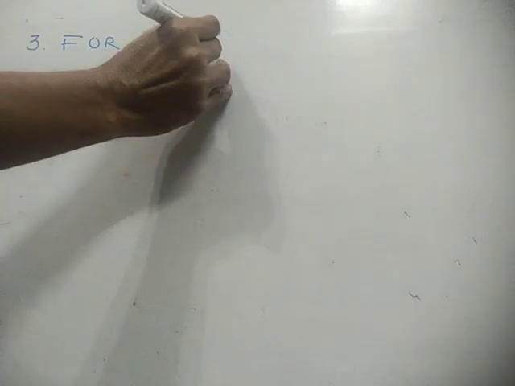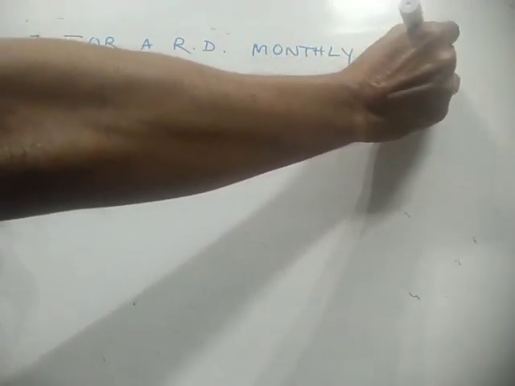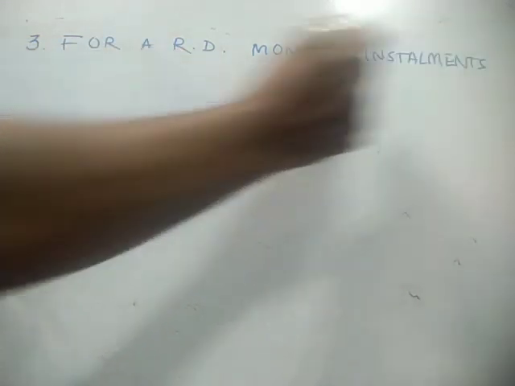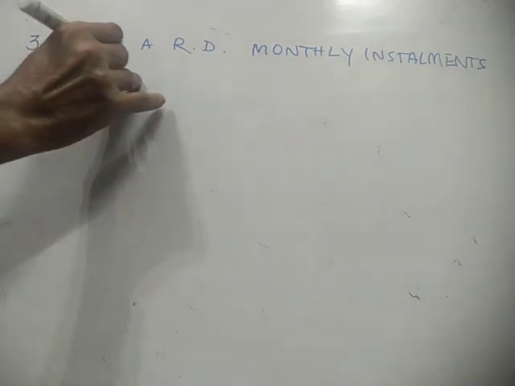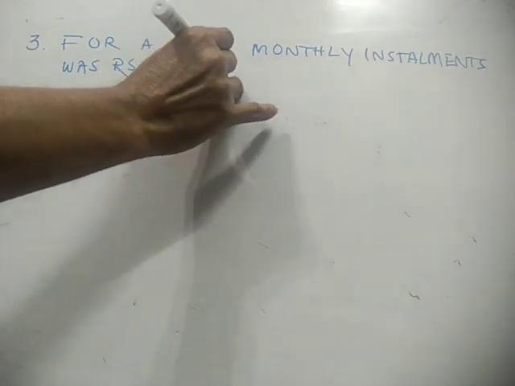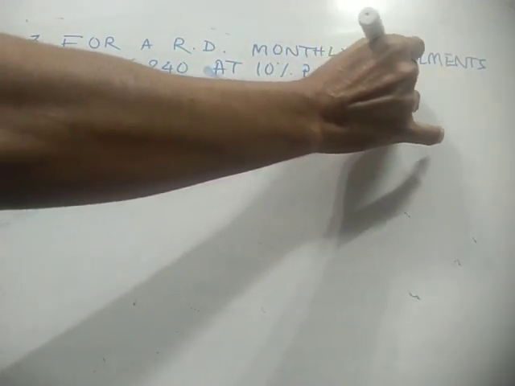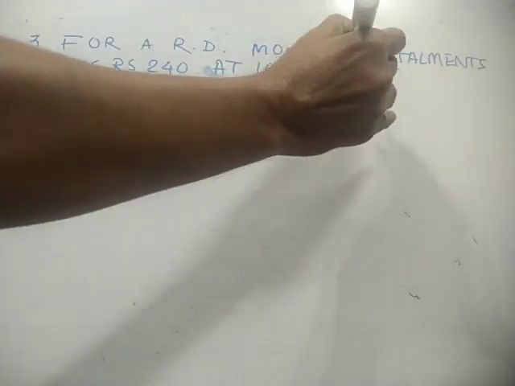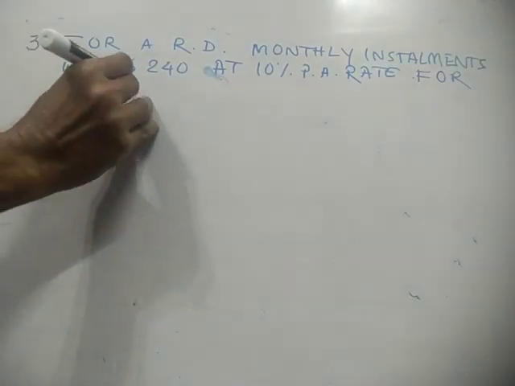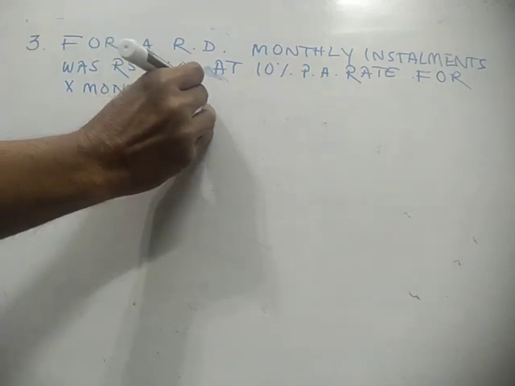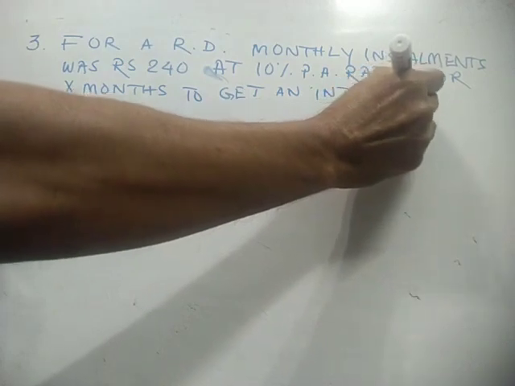For an RD, if monthly installment was rupees 240, at 10% per annum rate, it ran for X months to get an interest of rupees 110. Then X equals to the option given.